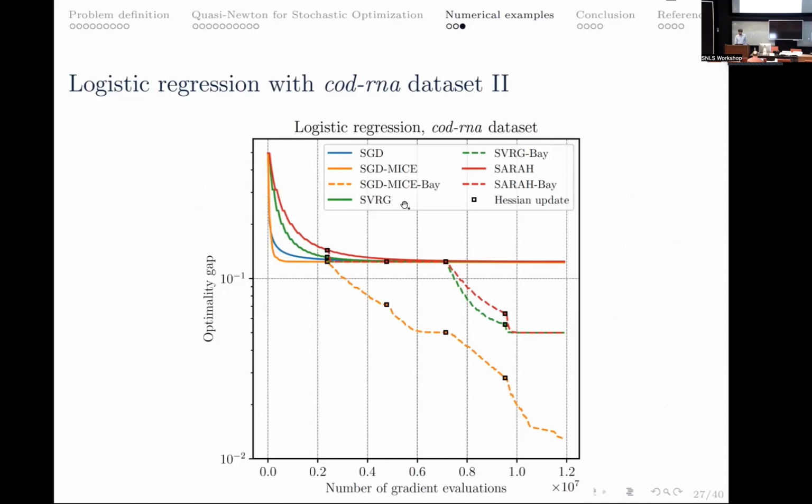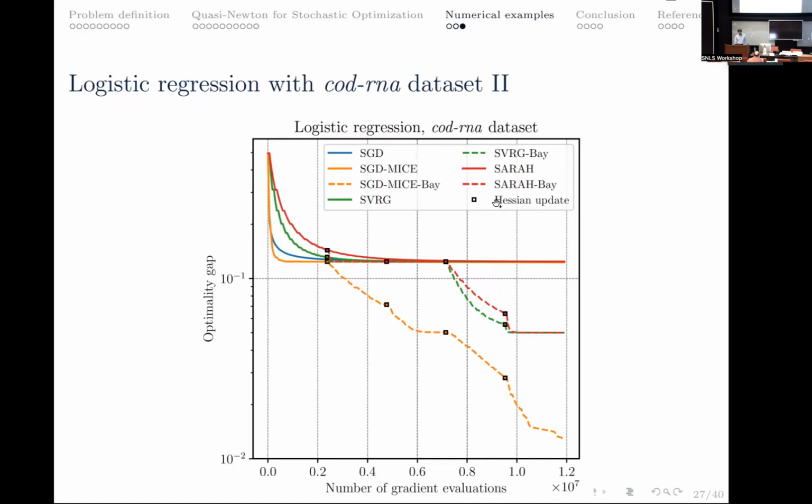Now here what I'm showing is the optimality gap for the cod RNA data set with a really large condition number. We are comparing SGD, SVRG, SGD with mice also, and SARA on solving this problem, each with its color, and then the counterparts where we precondition with our Hessian approximation inverse as dashed lines of the same color.